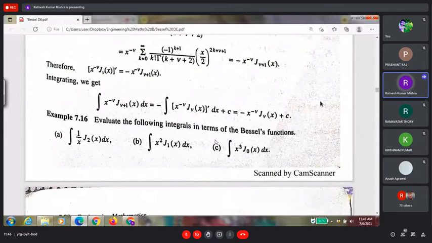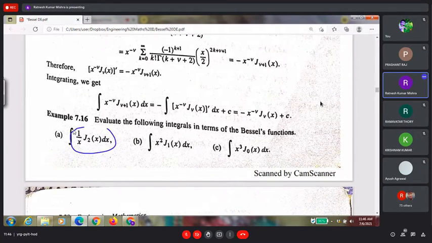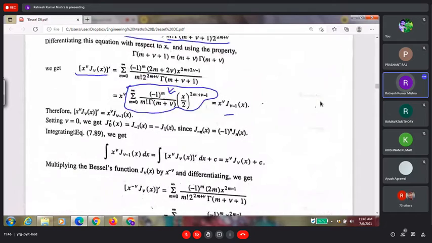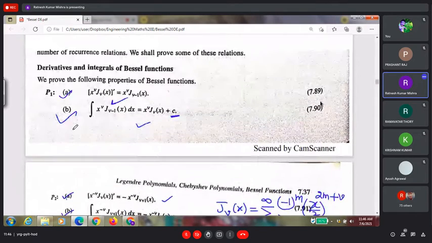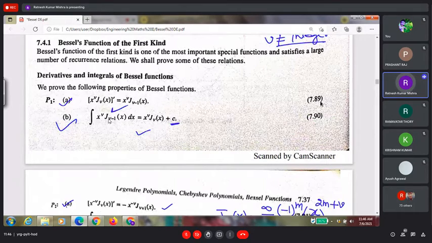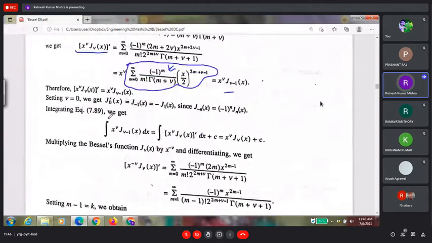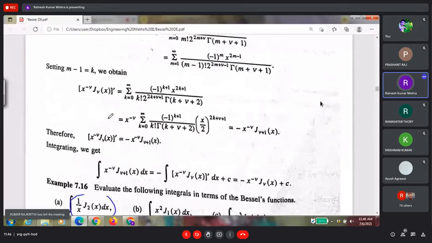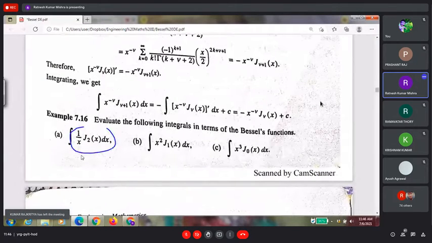Evaluate the following integral in terms of Bessel function. If you want to find this one, see formula number 2. x to the power v Jv minus 1. Let me write it again, one second.